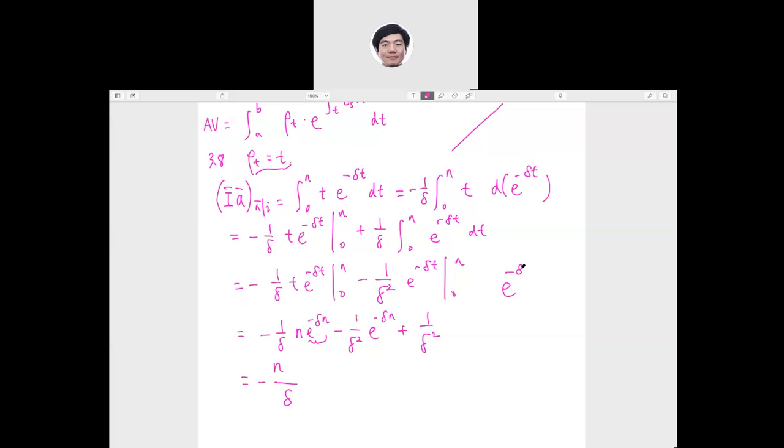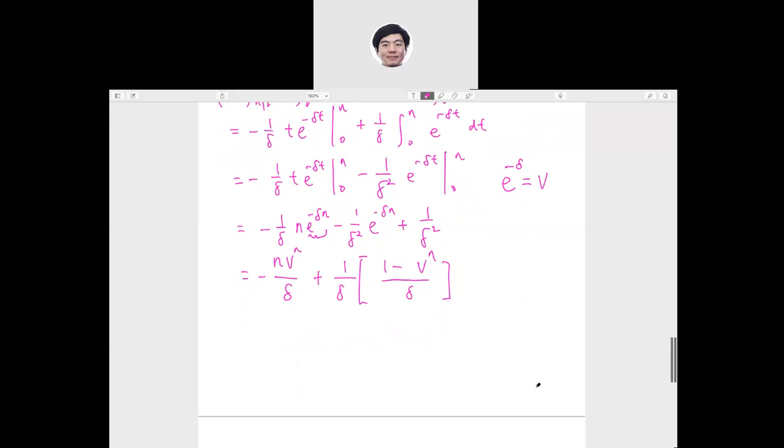E to negative delta is v, right? So it's a 1 year discount. So, right, and for this, take out 1 minus v^n divided by delta. So within the square bracket is actually the continuously payable annuity, right? And then you get the result.